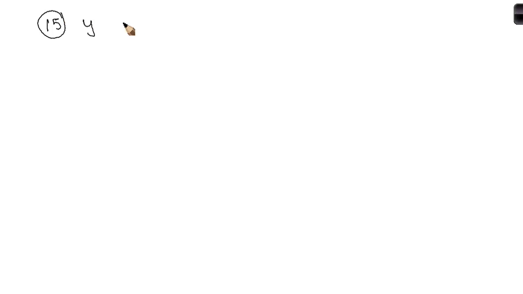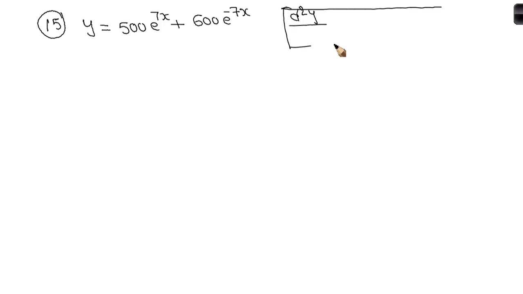So take this, d square y by dx square is the same as y2, right?